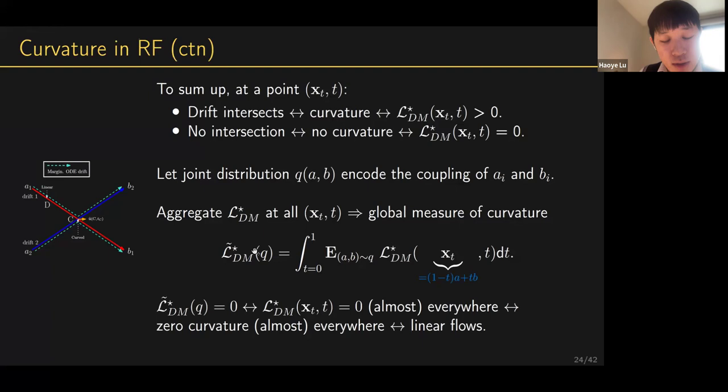And since in theory the drift matching loss is non-negative, we can show that if the global curvature measure reaches 0, then it reaches 0 at almost every point x_t, t. That basically means at almost every point we have 0 curvature, and we will always have the linear flow.